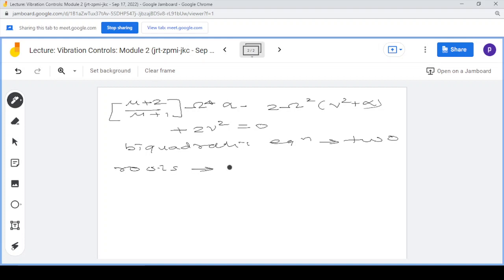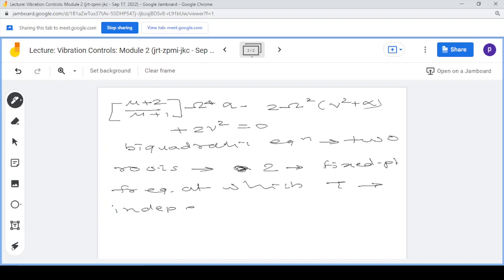right? And which will give us two fixed point frequencies at which t is independent of n2 omega.